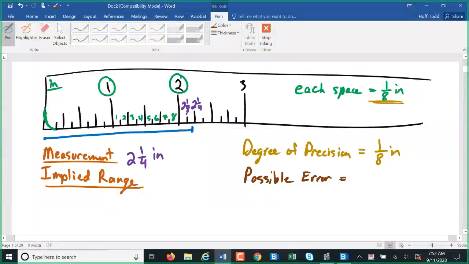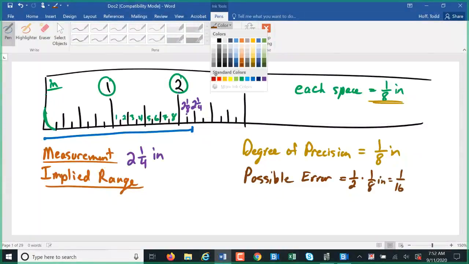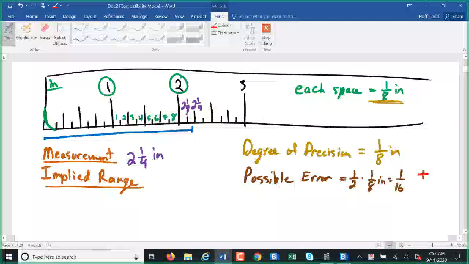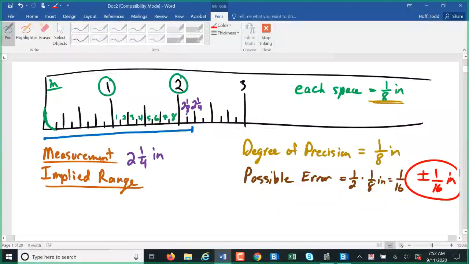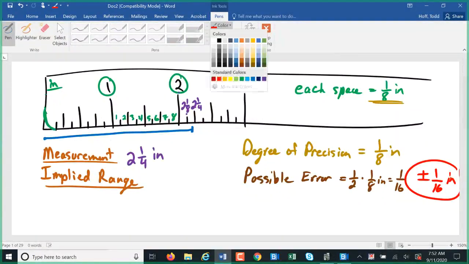Well, the possible error here is 1/2 of an 1/8 inch, which is a 1/16 of an inch. Typically, we really should write that as plus or minus 1/16 of an inch is our error, because whatever we measure could be up to a 1/16 smaller or a 1/16 larger.